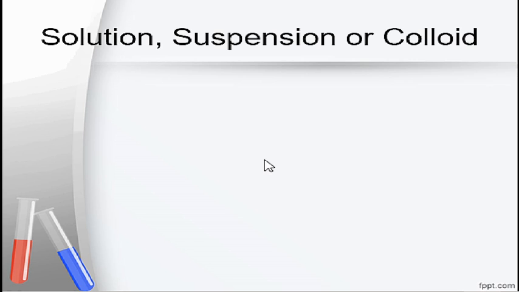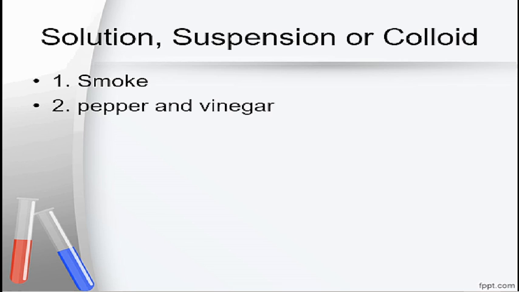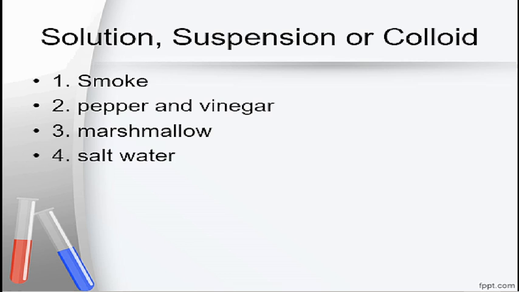Now, let us classify these mixtures as either solution, suspension, or colloid. Here's the first set: smoke, pepper and vinegar, marshmallow, salt water, vinegar and soy sauce. Okay, let's start with smoke.